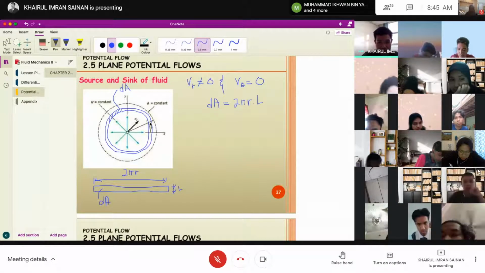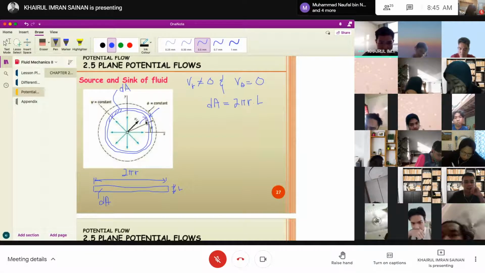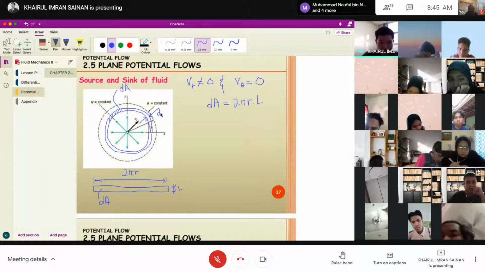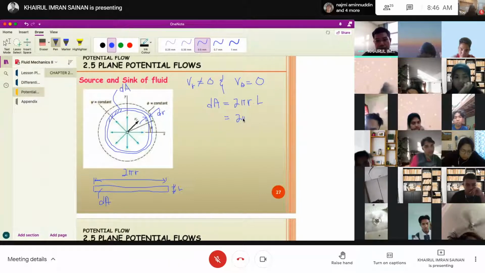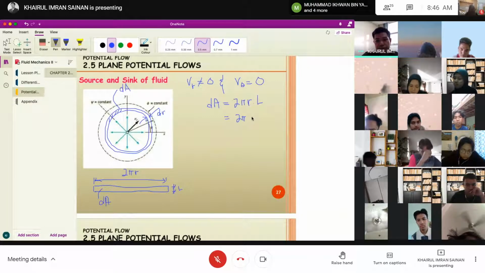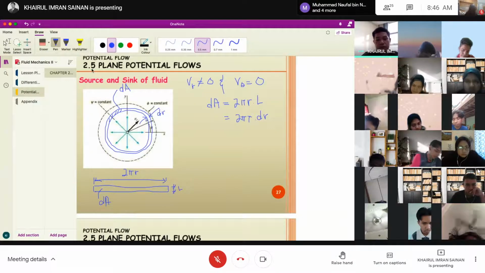The length is based on the R, right? This is the R, so this one is actually the change of R. So what you have is dA equals 2 pi r dr.